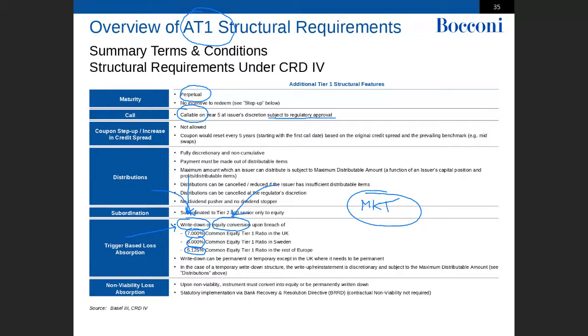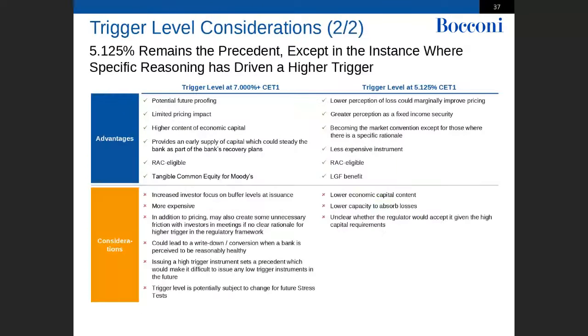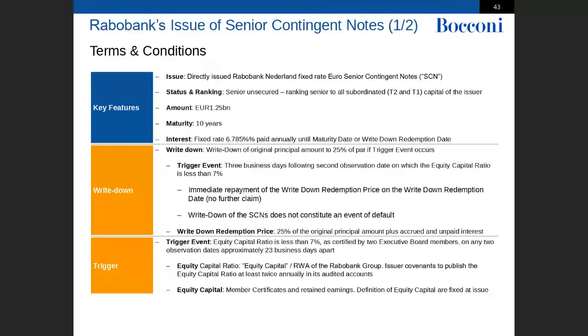And here I show you. This is the Rabobank instrument. It was 1.25 billion with this coupon.